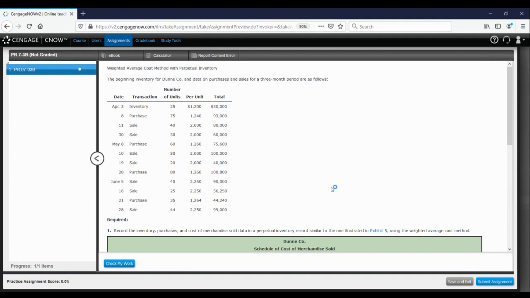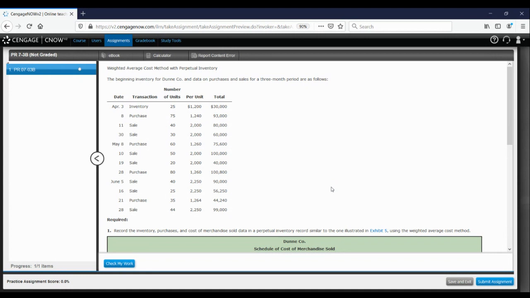But it yields the highest amount of net income. So with the FIFO method, you will pay more taxes on that income because your taxes are based on the amount of income, which will be higher if you use the FIFO method.